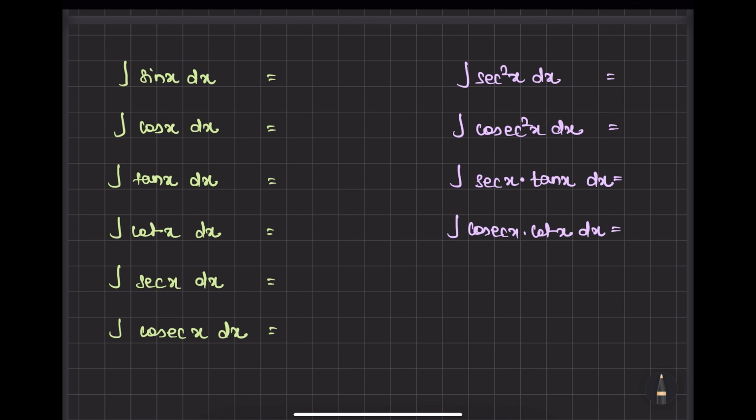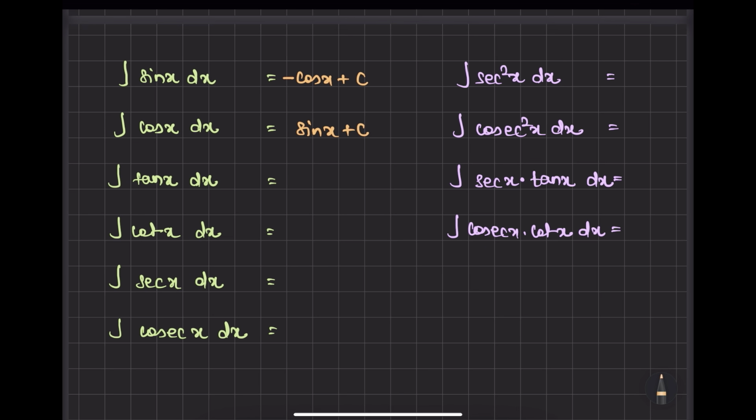If the question is in c, we used to put an extra minus into the answer, correct? Here things will be opposite. If the answer is in c, you have to put an extra minus. So what is the integration of sin x? Minus cos x plus c. Answer is in c, put minus.